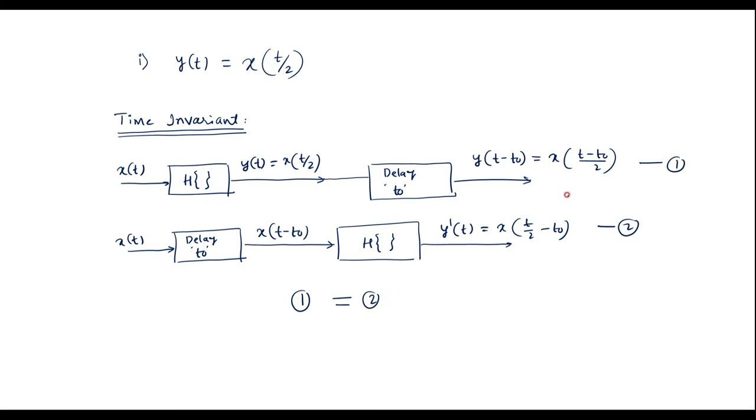But in this case 1 is not equal to 2, therefore the system is time variant. Or we can also say that it is not a time invariant system.